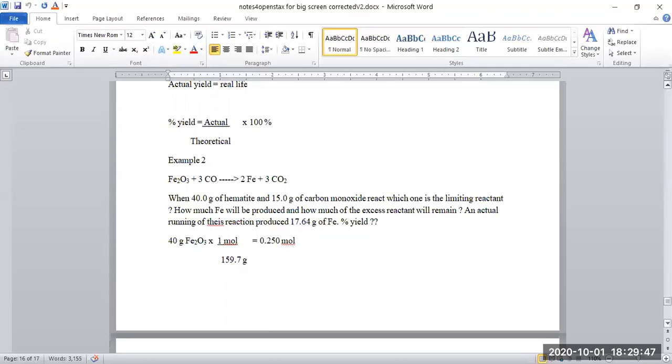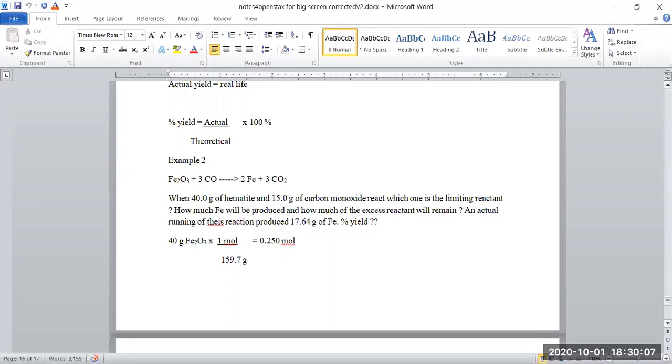So we're going to start with two differing amounts. We want to find the limiting one. We want to find the theoretical yield, that's how much would be produced. I gave you an actual yield, but I also want to find out how much is left over of the one that I didn't run out of.